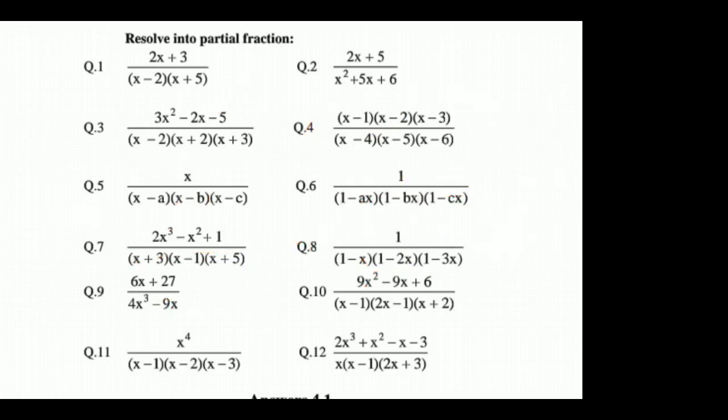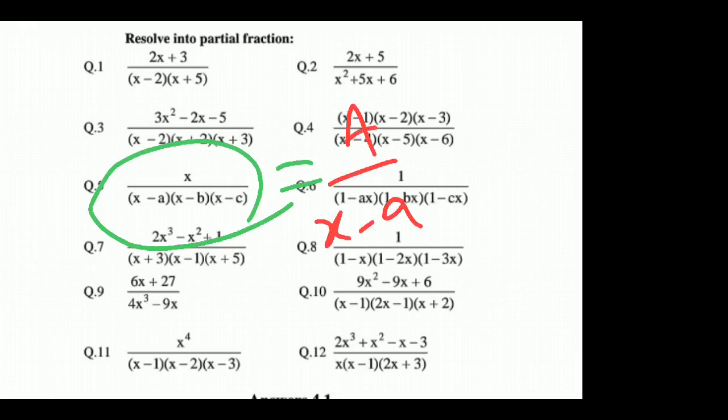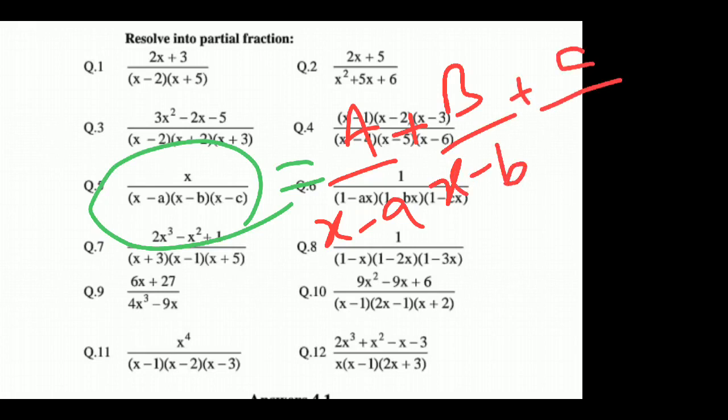Now for this problem number 5, this splits into A divided by (x − a) plus B divided by (x − b) plus C divided by (x − c).